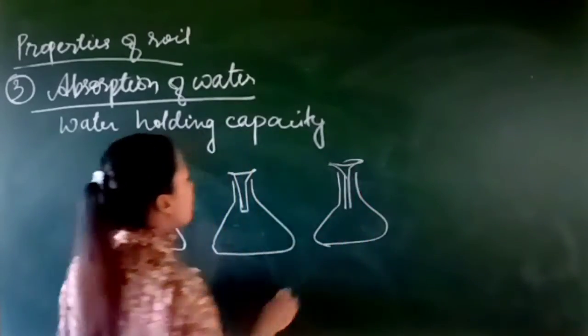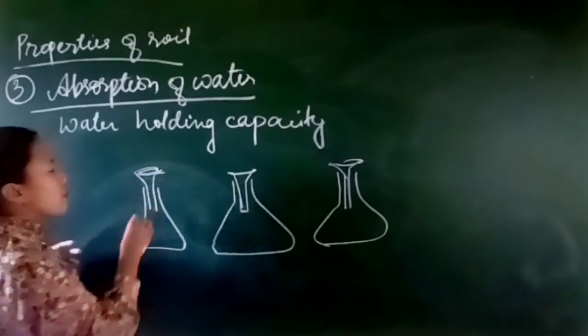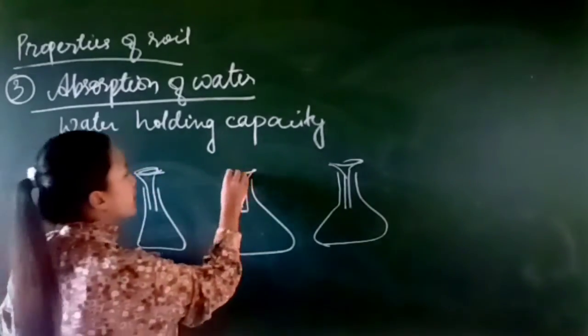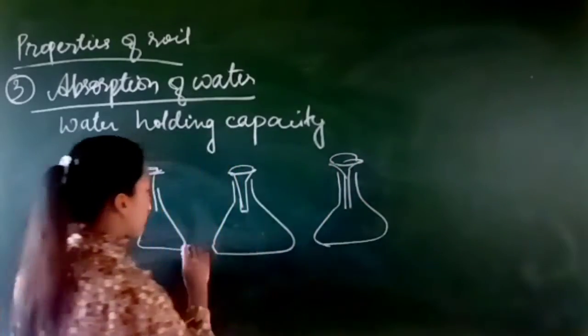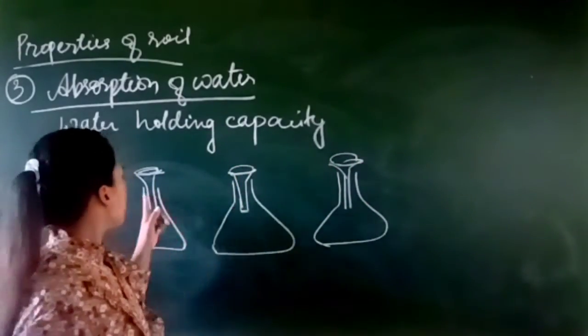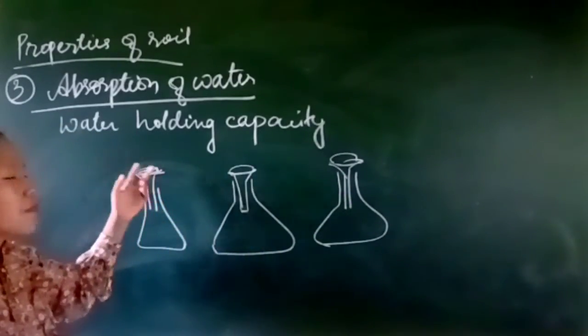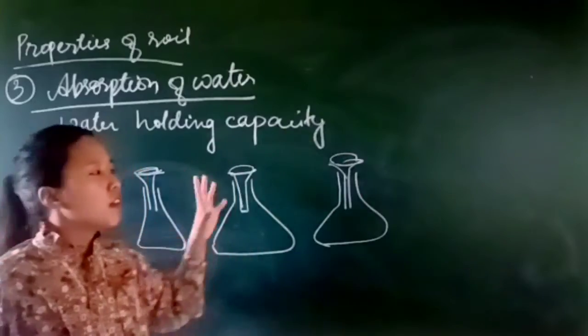On this funnel you take a filter paper, roll this filter paper and put it inside the funnel. So we have taken three conical flasks, three funnels, and filter papers for each setup.